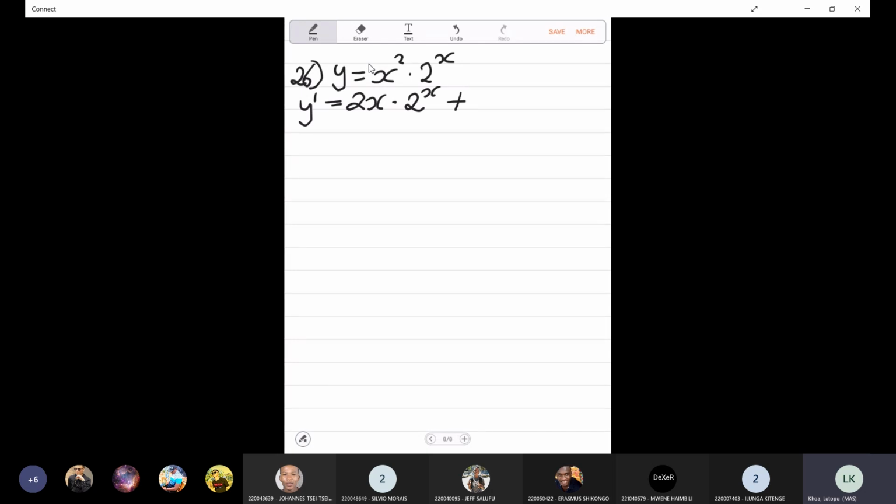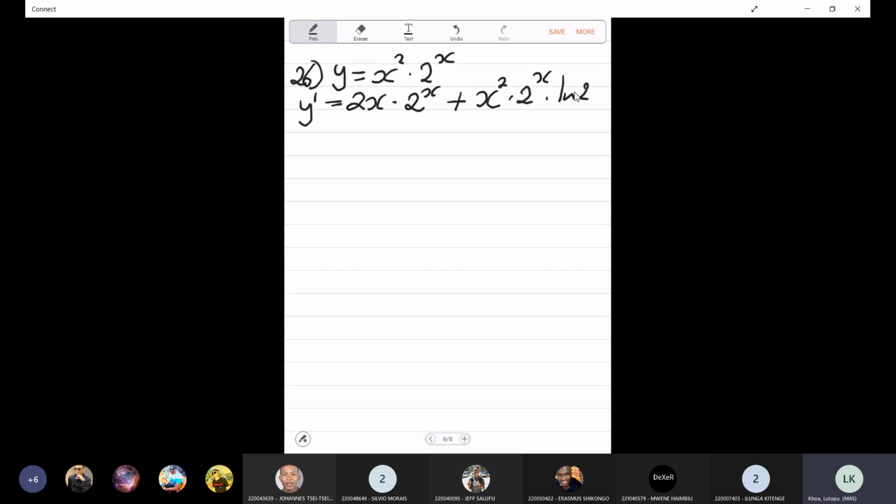And then you write down the first one as it is, and then multiply that by the derivative of the second term. So this is the product rule, a rule that we went over yesterday and that you should know.